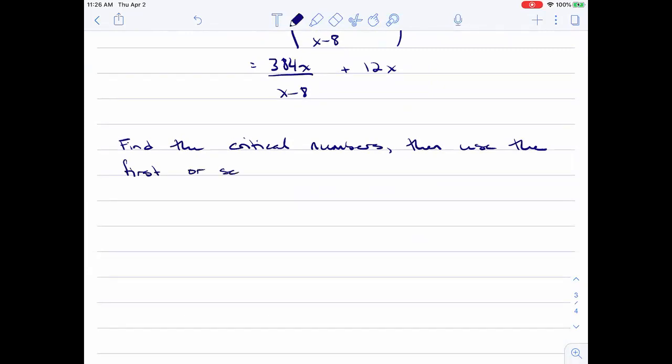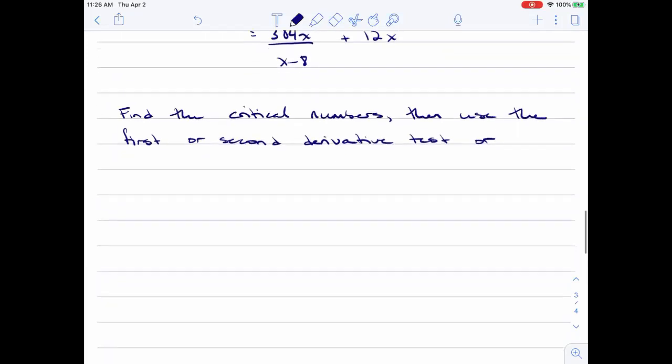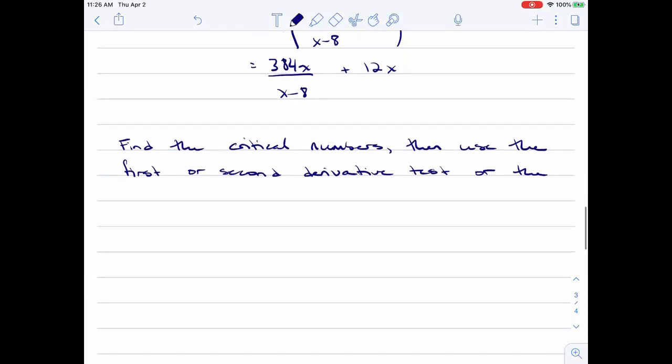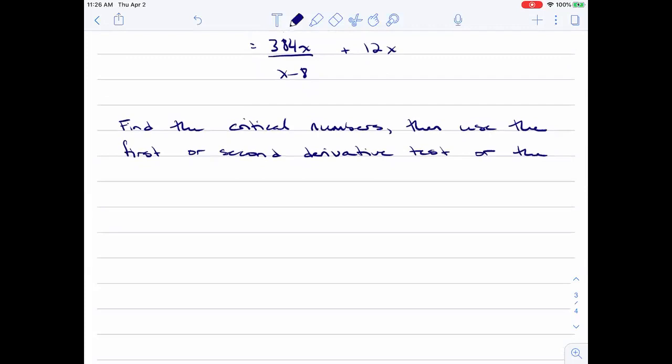I always prefer the closed interval method if I have one. If I have a closed interval, then I think that's the easiest thing to do: figure out where your critical numbers are, evaluate the function at those critical numbers, evaluate it at the endpoints, and then you'll know which your max and min are.